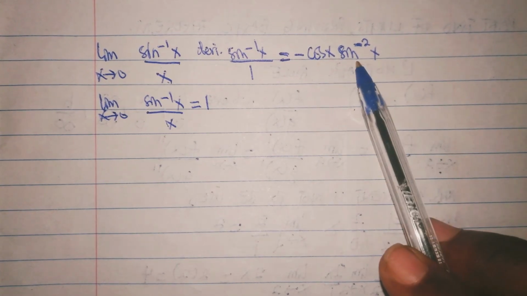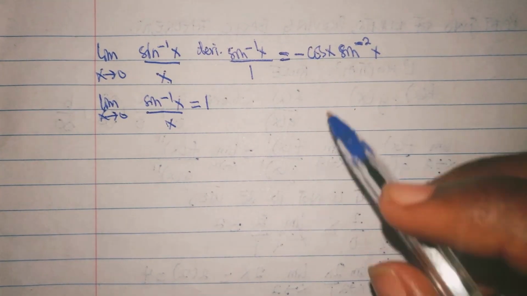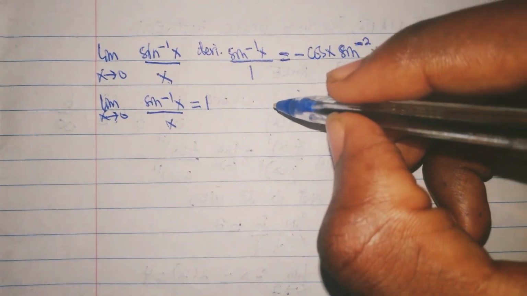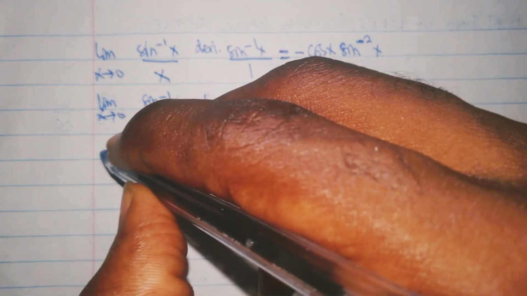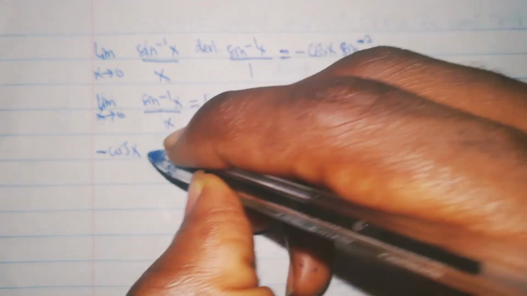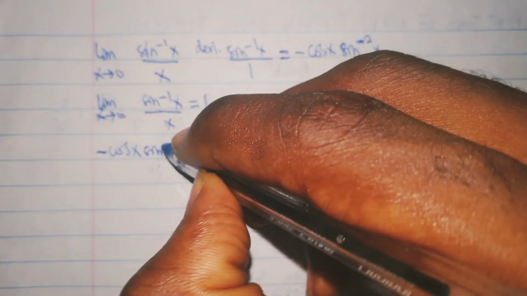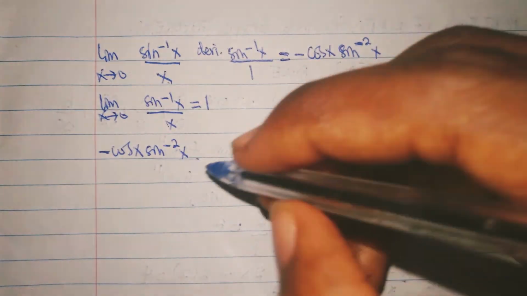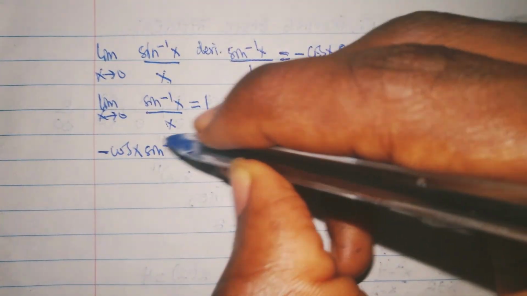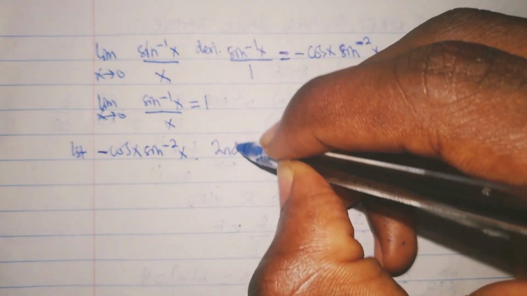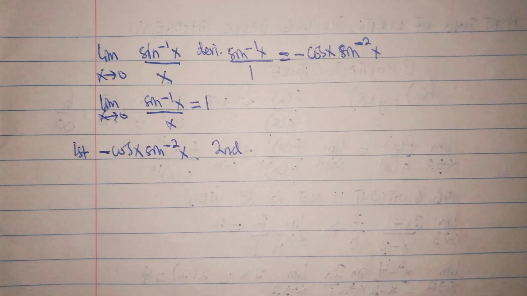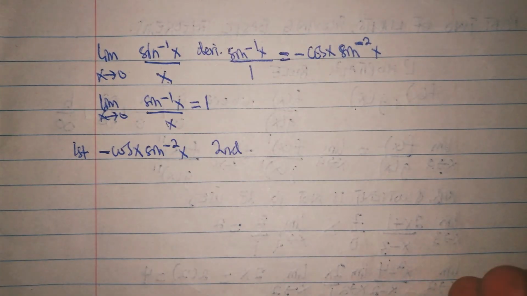So you have to continue differentiating. So we look for the second derivative. So the second derivative of negative cos x sine inverse of x. So this is the first derivative, this is the second derivative. So the second derivative of this particular thing here.